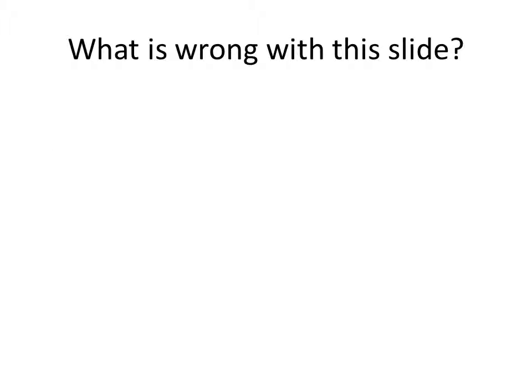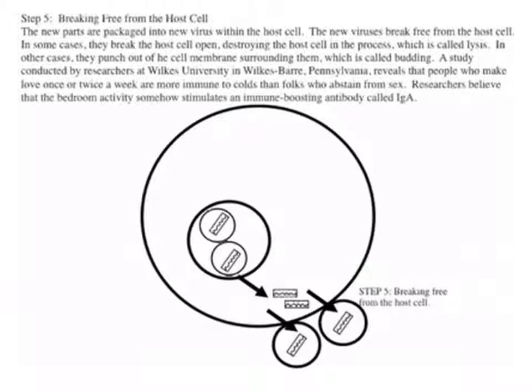So take a moment and figure out what is wrong with this slide. Pause the video, take a moment. Alright, so what I want to draw you to is, it says, a study conducted by Wilkes University reveals that people who love once or twice a week are more immune to colds than people who abstain from sex.